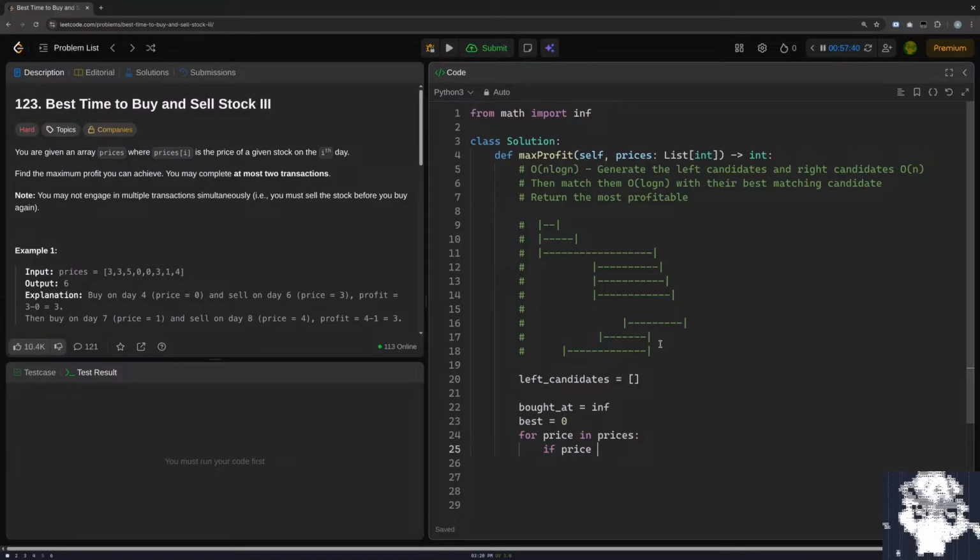If price minus bought at is greater than best, best equals price minus bought at, left candidates dot append.